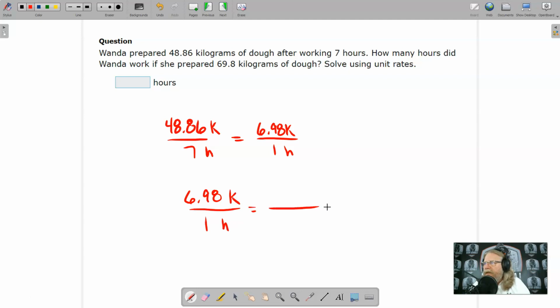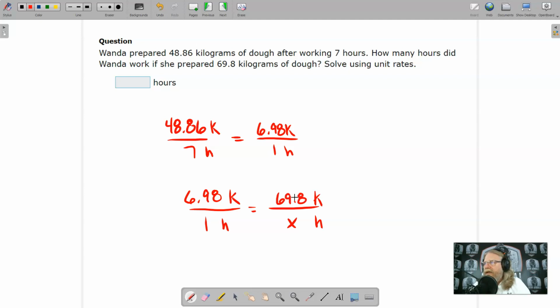Now we're going to set up a proportion with kilograms in the numerator and hours in the denominator. How many hours? That's the question, that's the missing number. She prepared 69.8. Wait a second. Oh, it's a multiple of 10. It's the same numbers with the decimal in a different place.